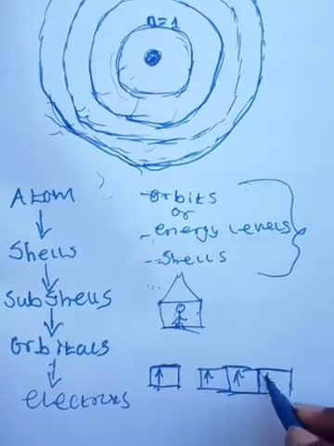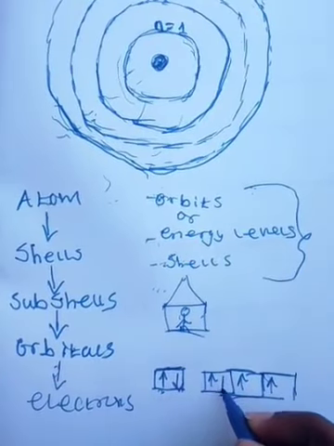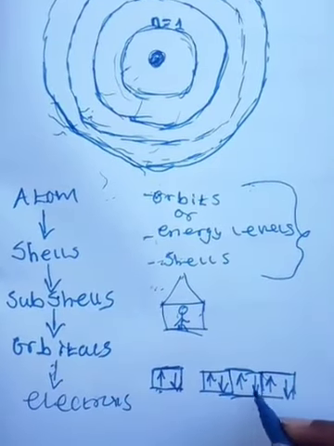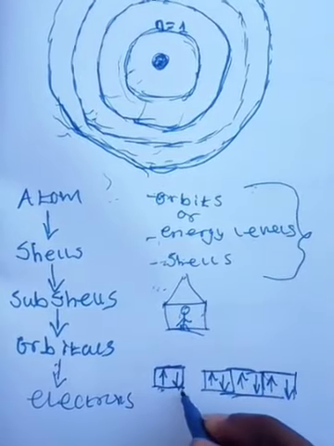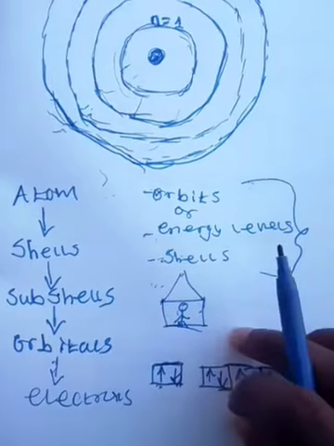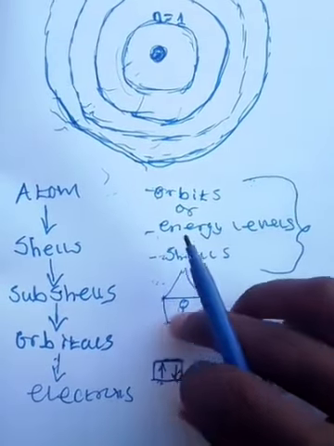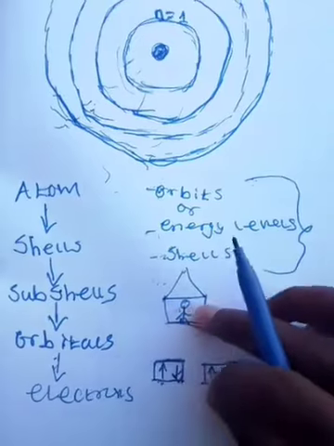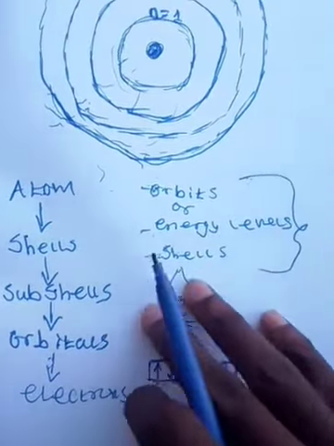They are represented like this, which we are going to look at deeper. We'll start looking at electronic configurations in order to draw the orbital diagram. This is what we call the orbital diagram. It just shows how the electrons are organized, how they are arranged inside the orbitals.